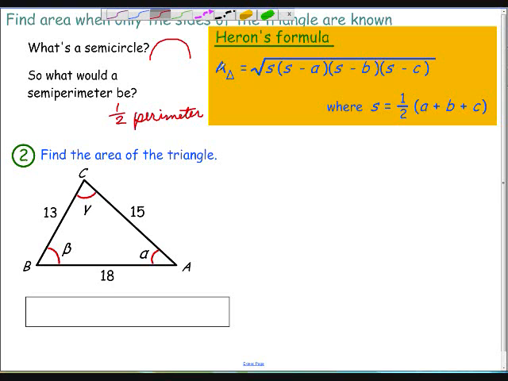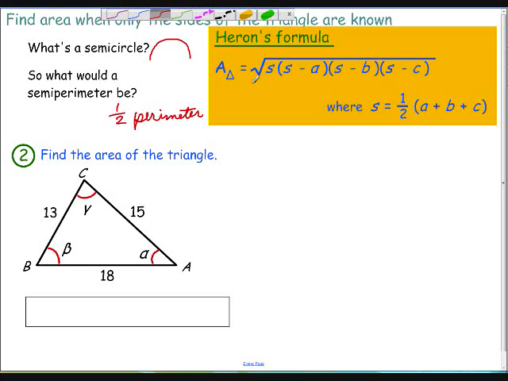Heron's formula tells us that the area of a triangle, if we know all three sides, we can calculate without having to know what the height is, without having to know what any of the angles are.